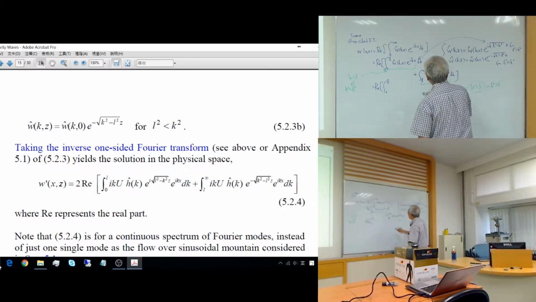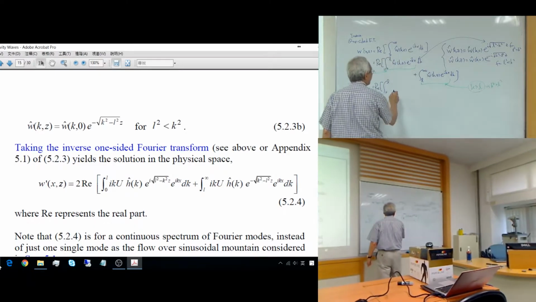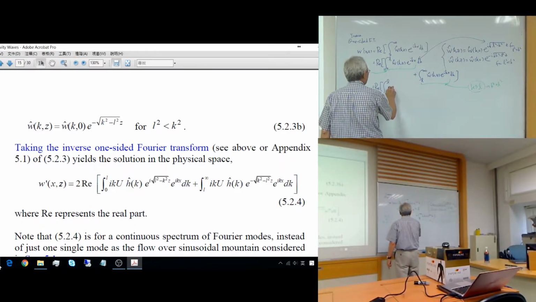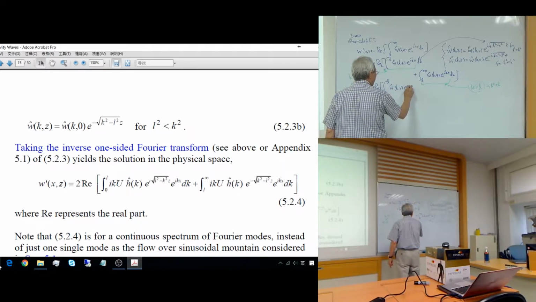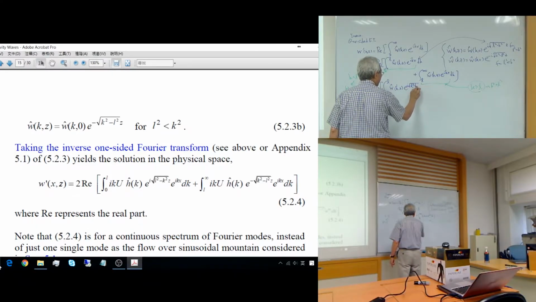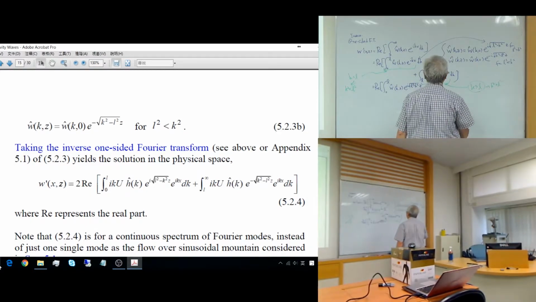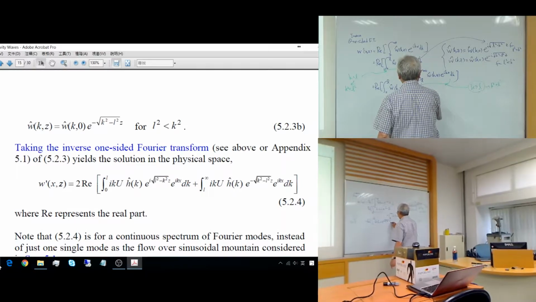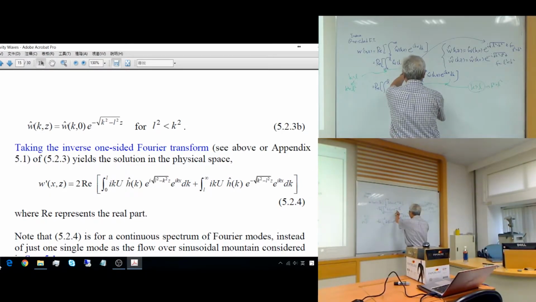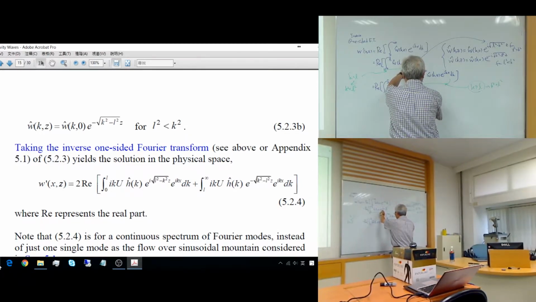So we have W hat of k, 0, e to the i square root of L squared minus k squared times g, and we have dk. Then we have to multiply by this e to the i k x dk.